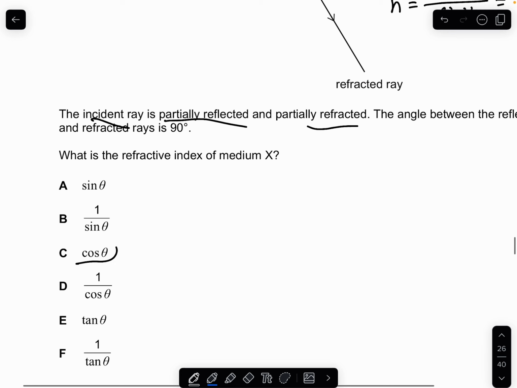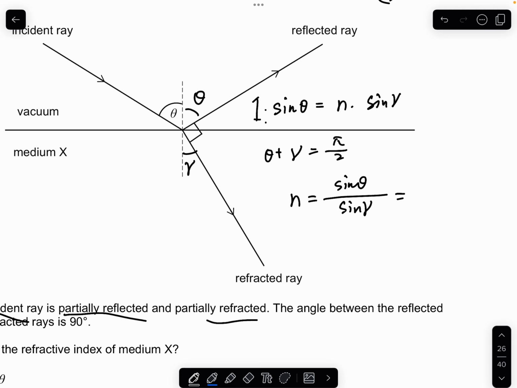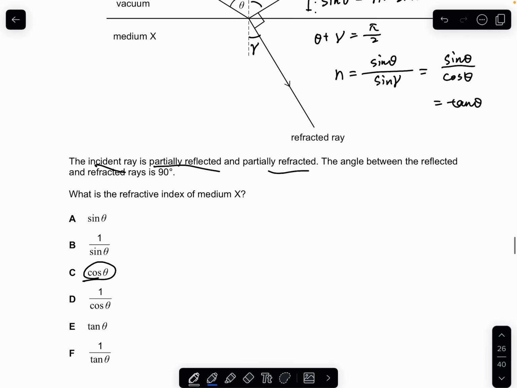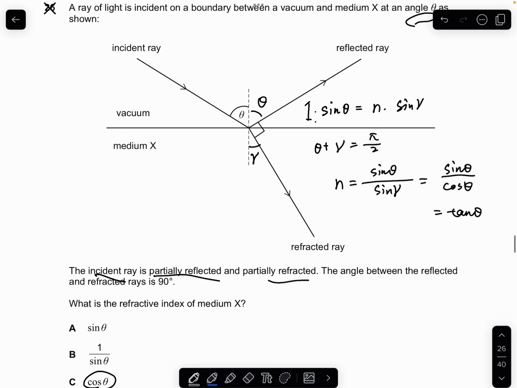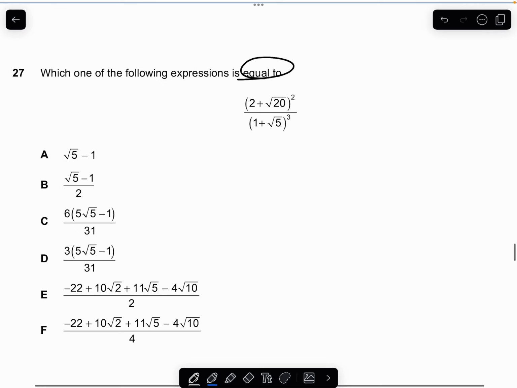Yes, we need to do it in terms of theta, so it will be a cosine theta. Am I right? I think it's right. Okay, a bit hard, I think, but not so hard.